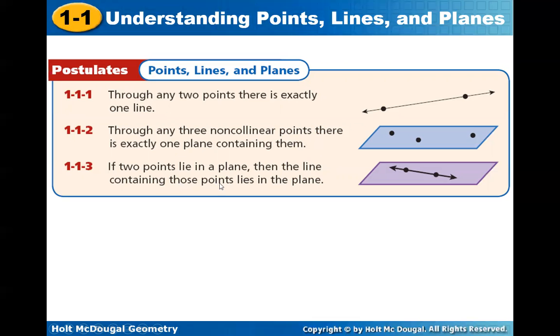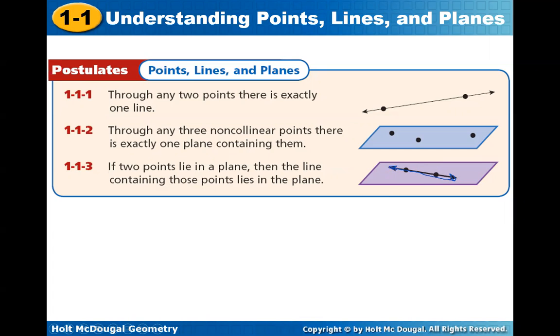And finally, if 2 points lie in a plane, then the line containing those points lies in the plane. So if I have 2 points on this plane, the line that I draw has to also lie on the plane. I get a question sometimes asking, how do I know it's lying on the plane? The short of it is, if every point on this line lies on the plane, then it's lying on the plane.